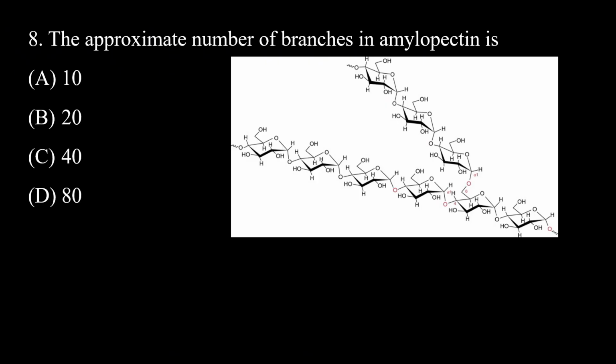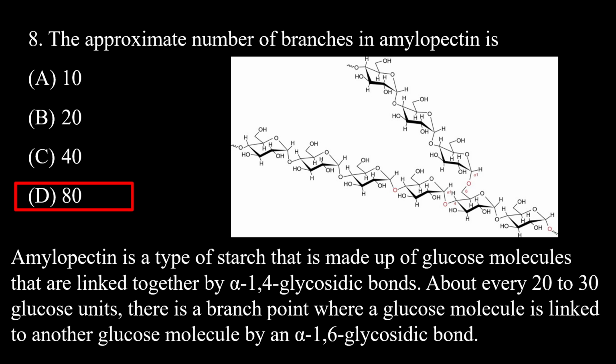Question number 8 is, the approximate number of branches in amylopectin is A. 10, B. 20, C. 40, D. 80. The right option is 80, as amylopectin is one of the types of starch that is made up of glucose units linked together by alpha-1,4 glycosidic bonds.